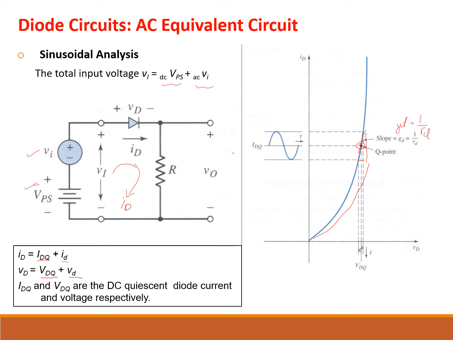If we extrapolate this line, the IDQ value is here. So IDQ will be the reference, or the locus point, for the AC to operate. If we superimpose the AC value, we will see that the Q point will allow this signal to operate without any saturation.